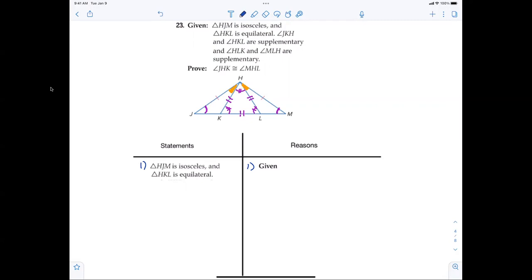Now there's markings on the figure. So because there's markings on the figure, you have to now mark them. All right, you have to tell me why they're marked congruent. So I'm waiting. Go. So it would be JH is congruent to HM. JH is definitely congruent to HM, and that's what?